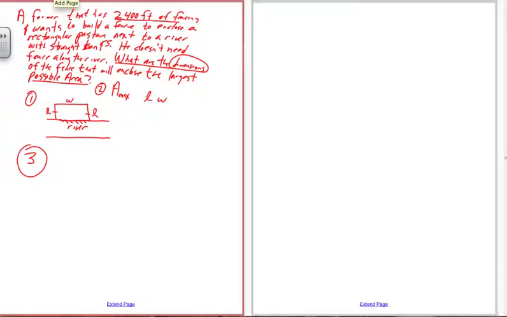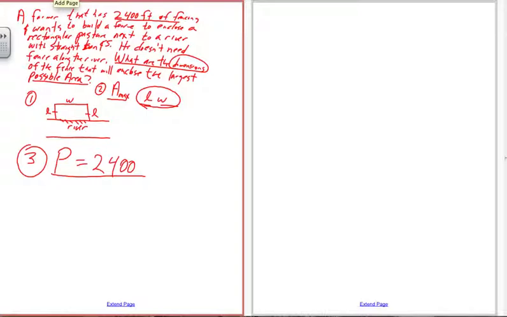That's how much fencing he has, and that is our perimeter. Okay, so we now have area, length, width, and perimeter. And length and width are what we're after. That's our final answer.